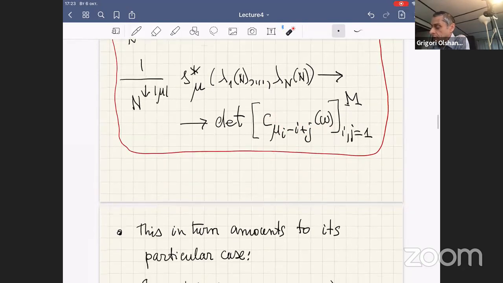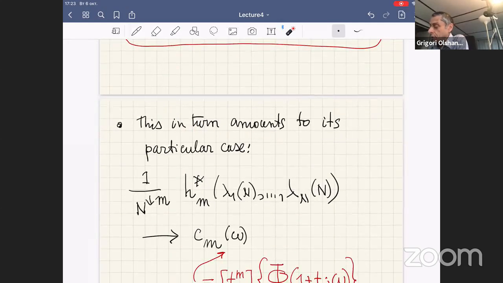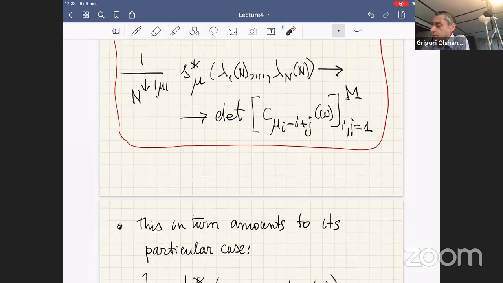And the next step is that actually this can be reduced to a particular case, the case when m is absent here. This m is equal to 1, actually.